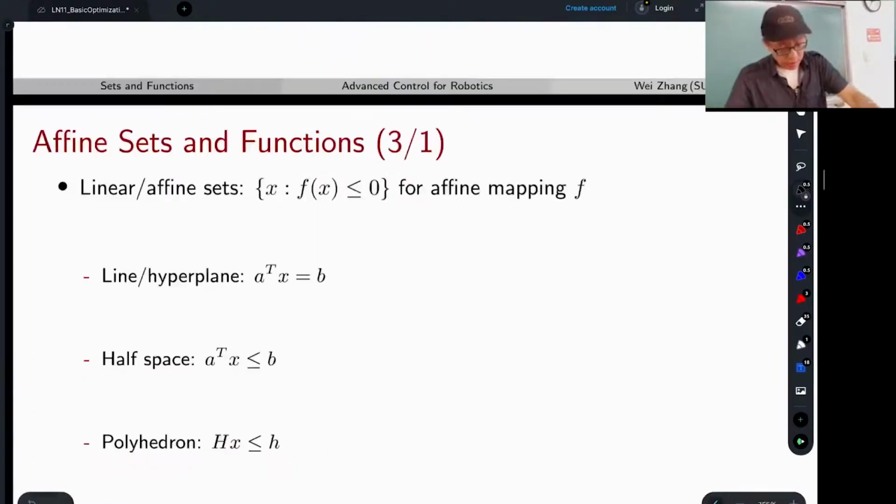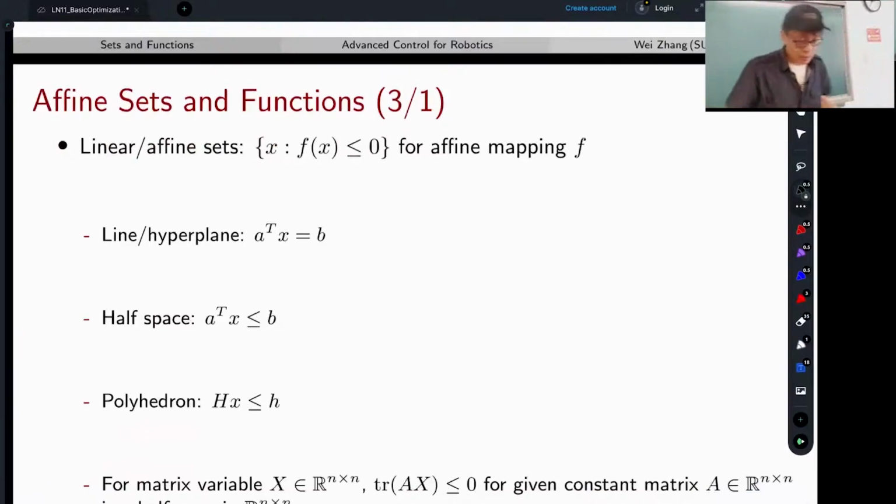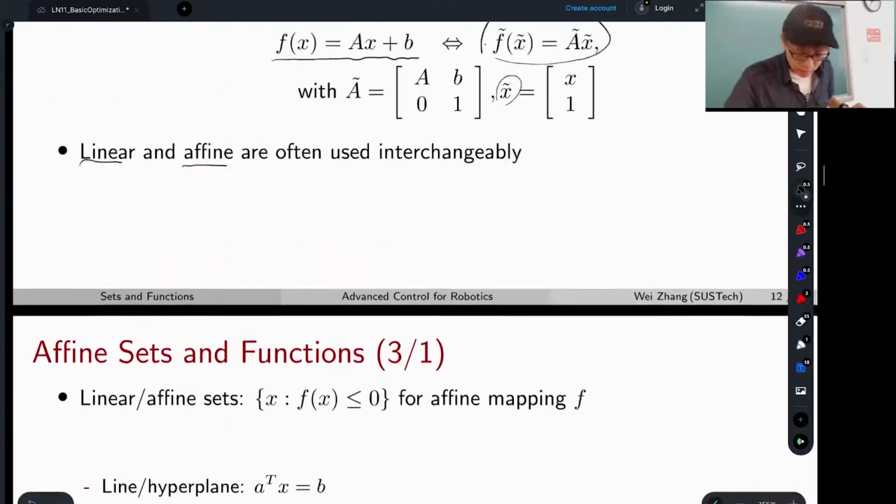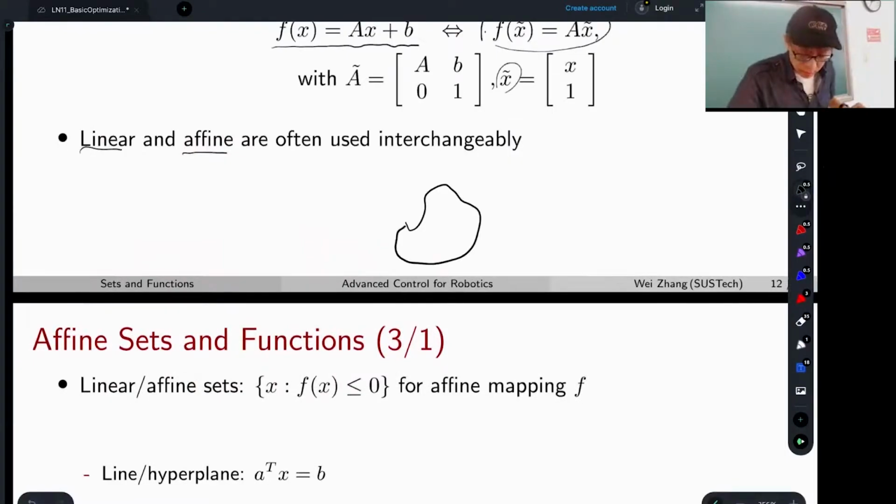All right, now let's talk about sets. So we defined an affine function and a linear function. Each of those functions actually defines a set through its sub-level sets. Typically, when you represent any set, in my tutorial on linear algebra I talked a little bit about the geometry, how to represent a shape in a computer. Well, maybe you can use grids, okay?